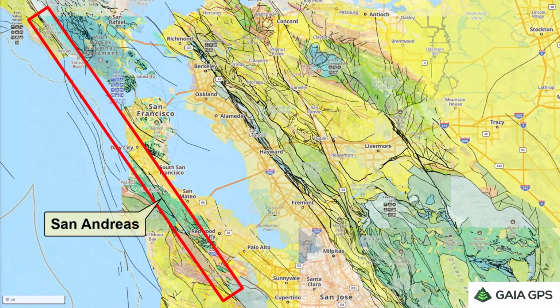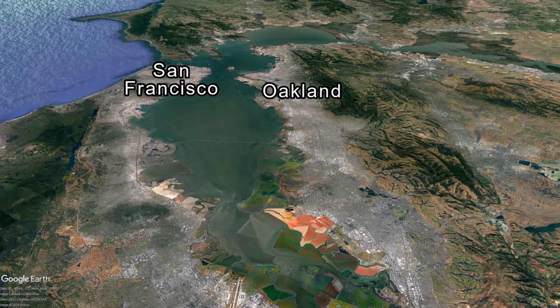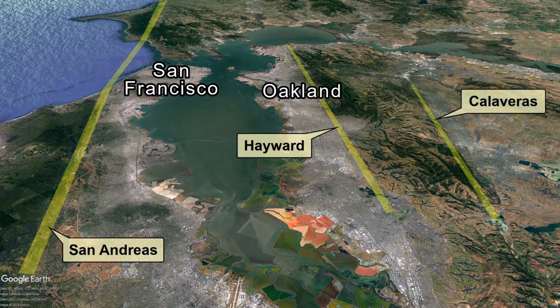Incidentally, the Bay Area has similarly related faults to the San Andreas, just like the LA area. Looking at this aerial view of the Bay Area, you can see the San Andreas here, the Hayward Fault here on the other side of the bay, and the Calaveras Fault, which is further east.